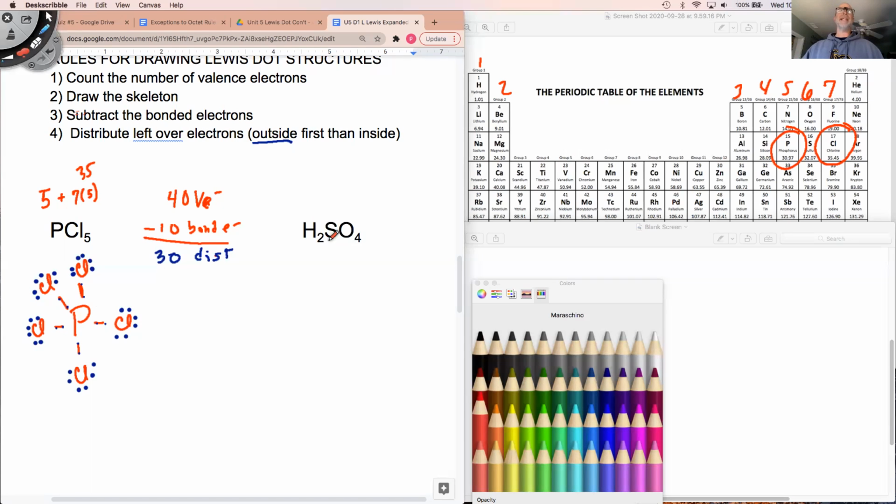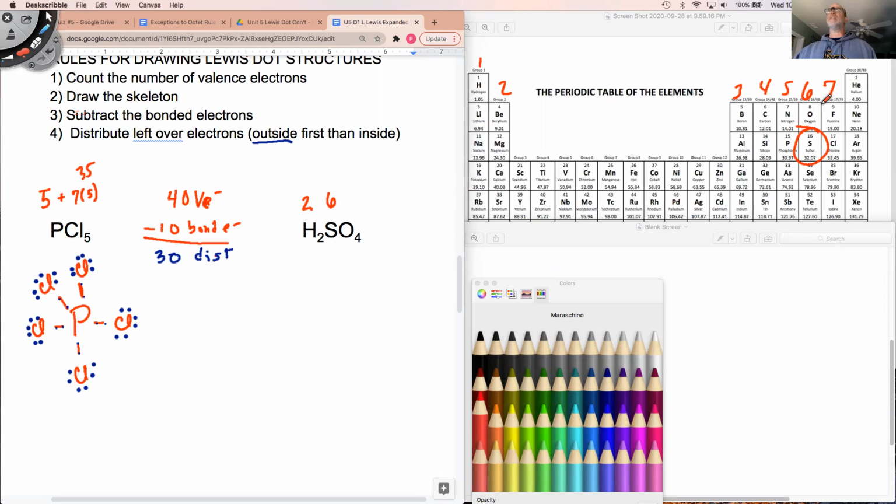So H2SO4. First thing we do, count the valence electrons. Each hydrogen has 1 valence electron, and there's 2 hydrogens, so there's 2. Sulfur has 6 valence electrons, so there's 1 sulfur.